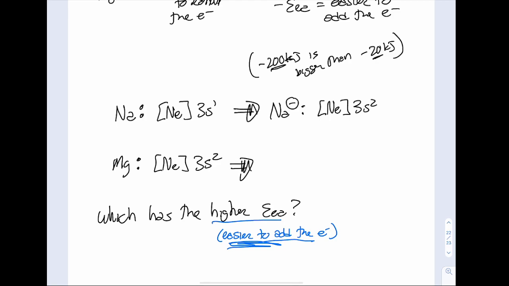Because we added an electron to it. And then magnesium with a negative charge, neon 3s2, 3p1. So our question is, of those two, which one do we like better? Which one's more favorable? What do you guys think?